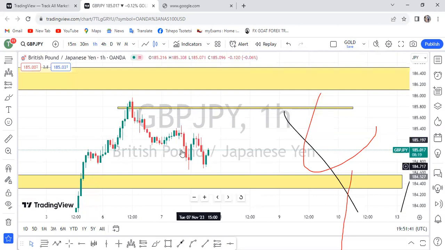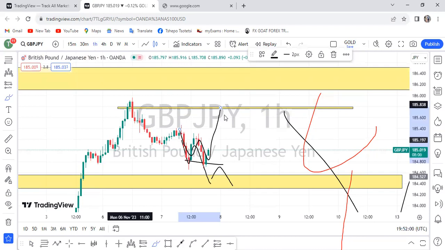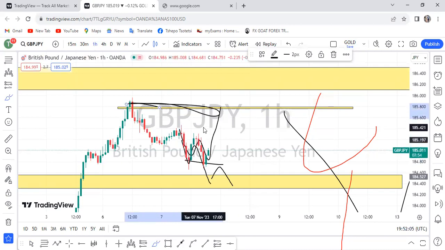It made what? A double bottom. It failed to break this low, retest and continue going down. So it gave us a double bottom. So you can take those buys until this level and see for me how it will play out.